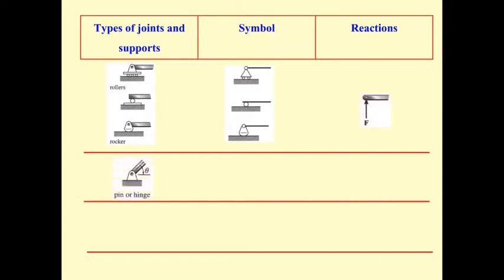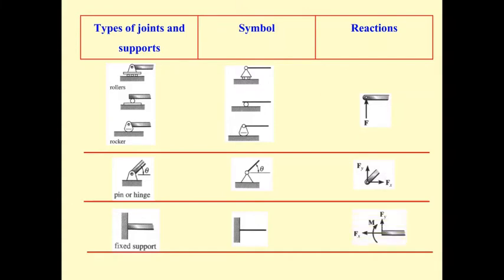The pin prevents the movement in the horizontal and the vertical, but allows the rotation freely, so the pin is going to have only two reactions. The fixed support won't allow movement in horizontal, in vertical, and rotation. So the fixed support will have the horizontal reaction, vertical reaction, and also the moment reaction.